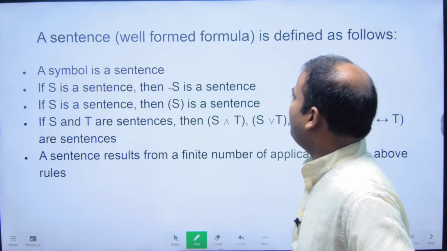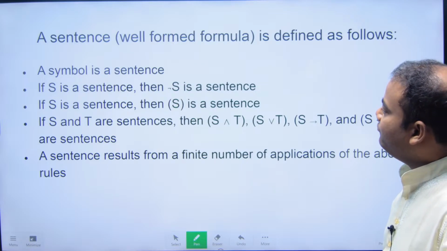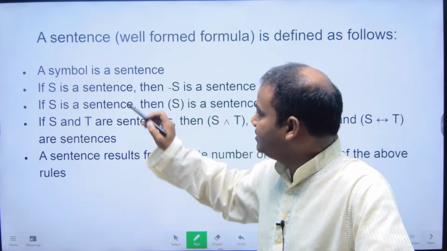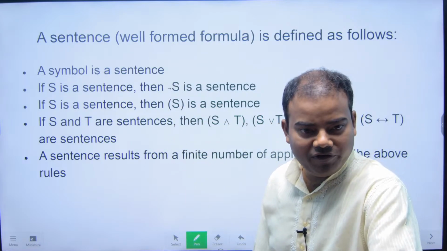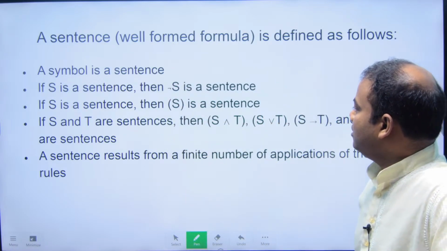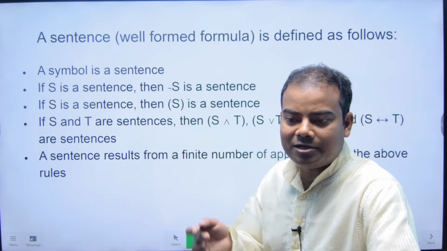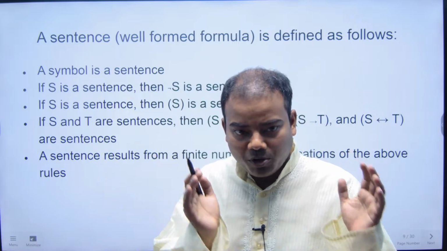Now what is a well-formed formula? In propositional logic, everything is a well-formed formula. A symbol, for example P, Q, R, is a well-formed formula. If you apply not, that is also a well-formed formula. If you use brackets, that is also one. What is a bracket? A bracket means you can give priority to some operation.